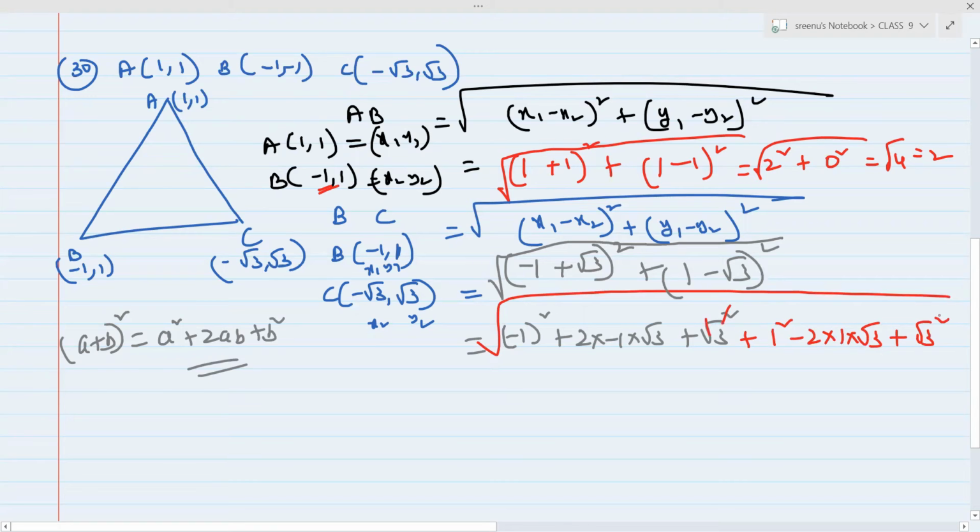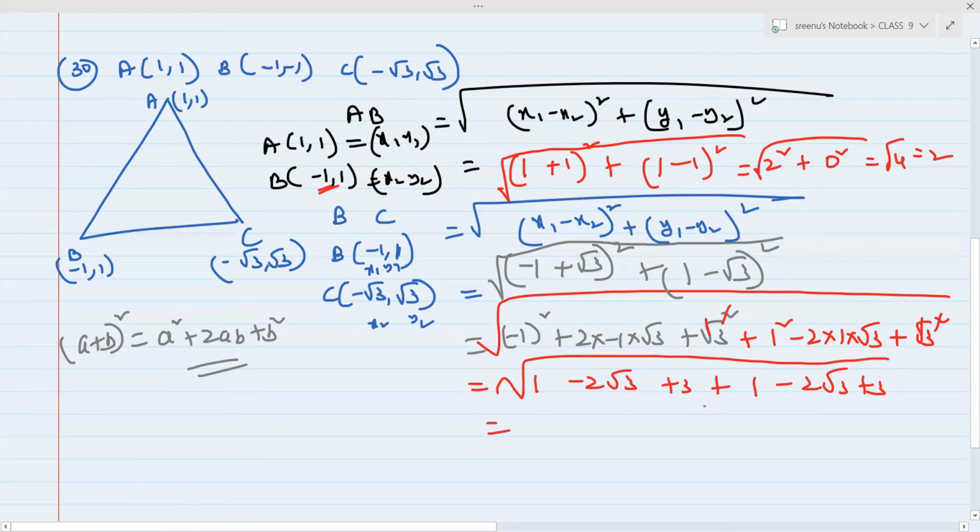Does anything cancel? Nothing is cancelled. So 1 plus 3 is 4, plus 1 is 5, plus 3 is 8, and -2√3 minus 2√3 is -4√3. Keep it aside.